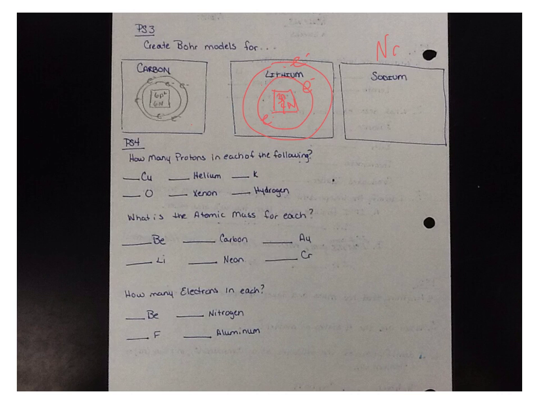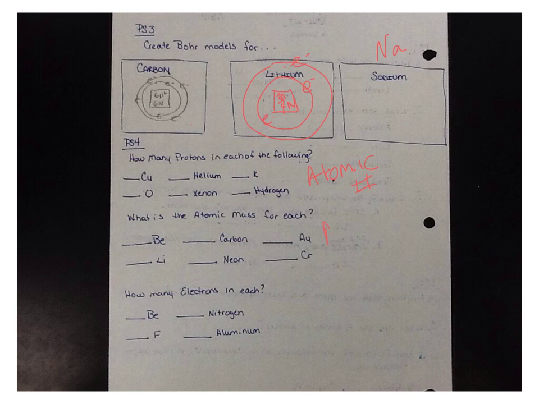Sodium, remember the chemical symbol for sodium is Na. Now this one you just have to tell me how many protons are in each, so find them on the periodic table. Remember you're looking for the atomic number to find the number of protons. The next one is the atomic mass. You're looking for the bigger number.